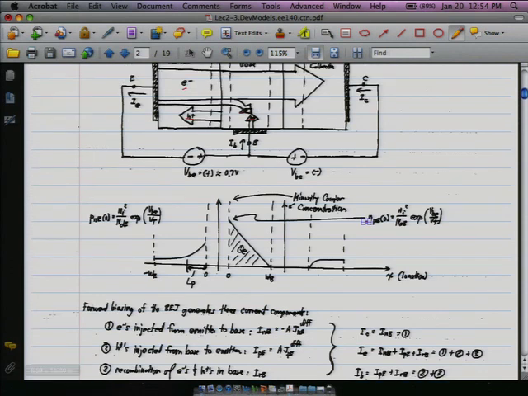Okay. All right, so the first thing we're going to look at is the electrons. They're injected from the emitter into the base. And so that's actually this right here. So this is the emitter, this is the base. So we're looking at this huge flow of electrons. All right, the second thing we'll look at is the holes injected from the base back into the emitter. That's this one right here.